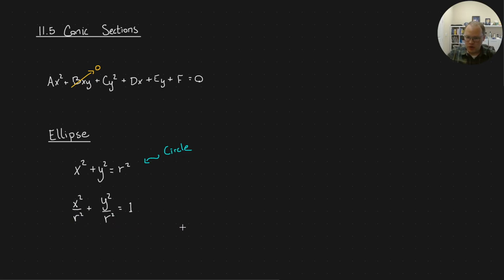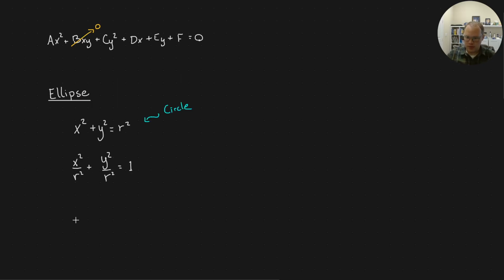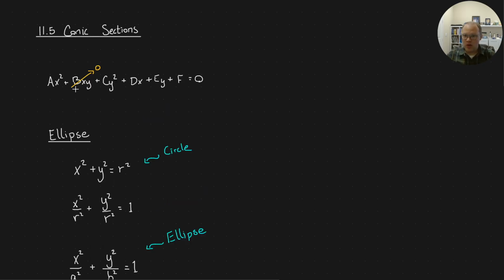Okay? So for an ellipse, we take x squared over some number squared plus y squared over possibly a different number squared equals 1. This is the standard form of an ellipse centered at the origin. Okay, and again, notice that this is a conic section.